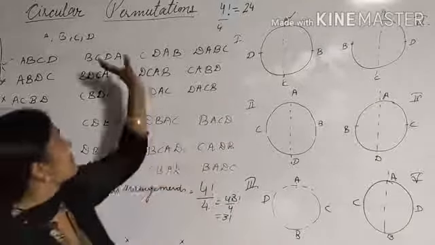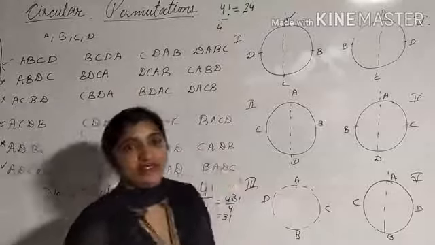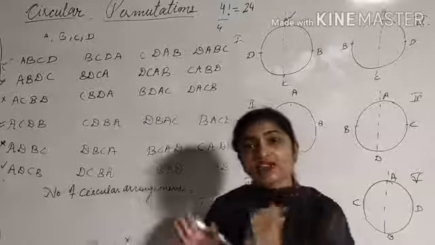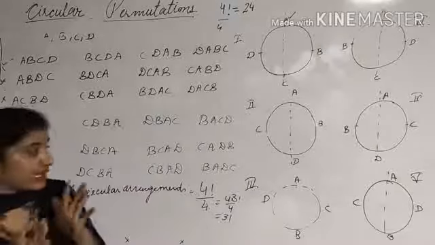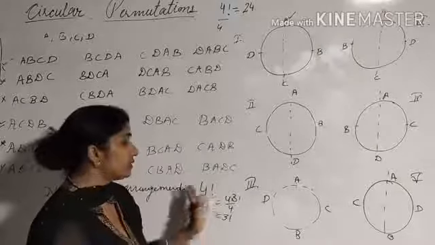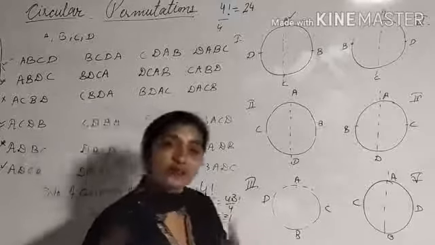Similarly, if the number of objects is 5 instead of 4, then each set of 5 different arrangements gives rise to one circular arrangement, and in that case we have to divide the total number of arrangements by 5.